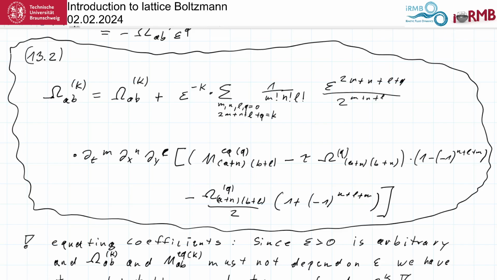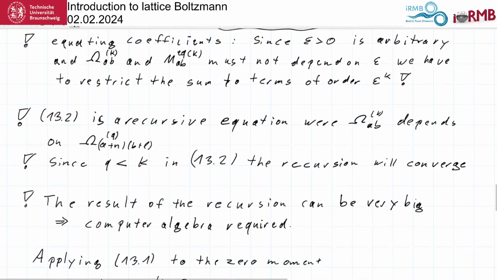We count up the first index with n, yeah, together with the x derivative, and we count up the second index with the y derivative. Right? Okay.